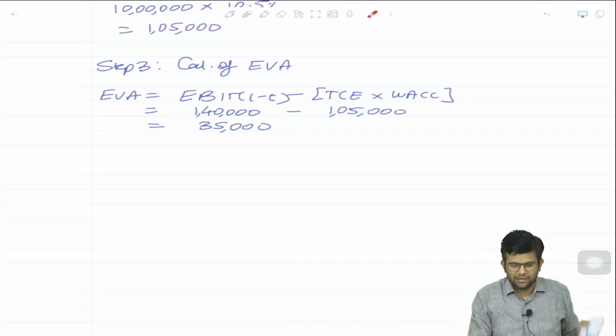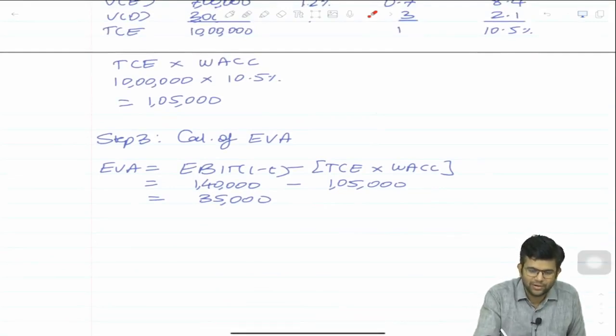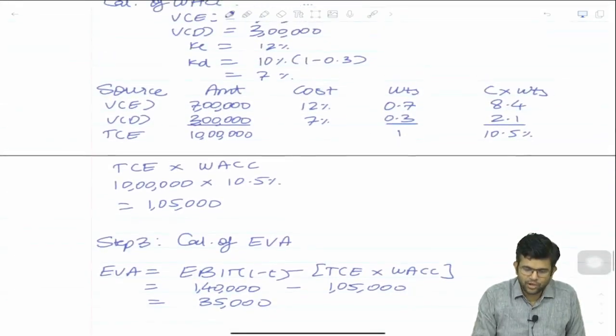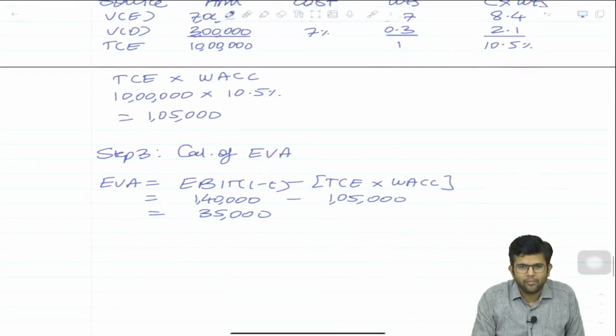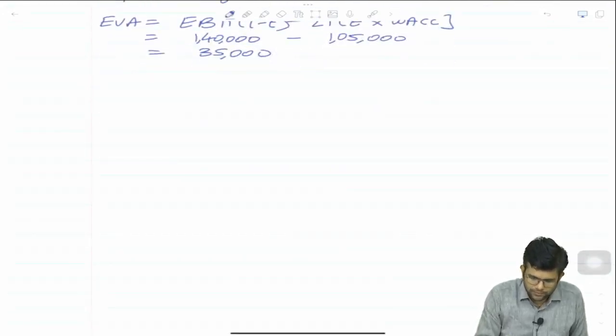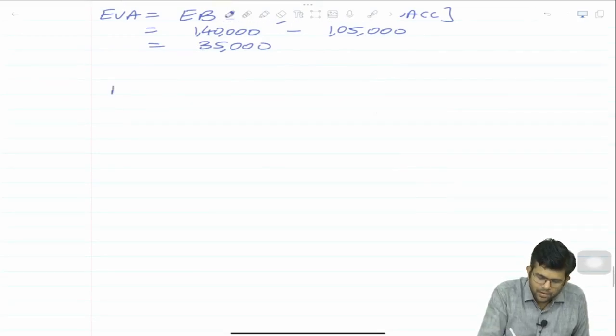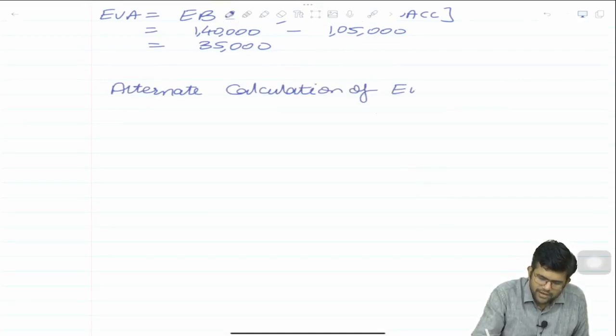I want to share something with you. Just see the screen. You'll love this. Everyone, you have written this in the notebooks already? Now see what I am doing. Alternate calculation of EVA.